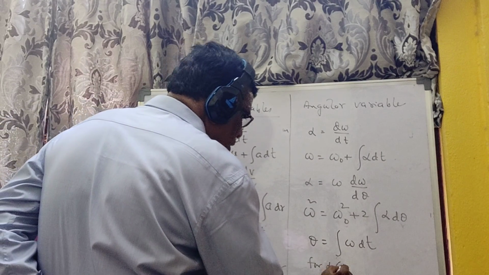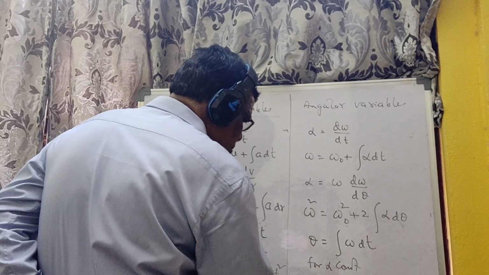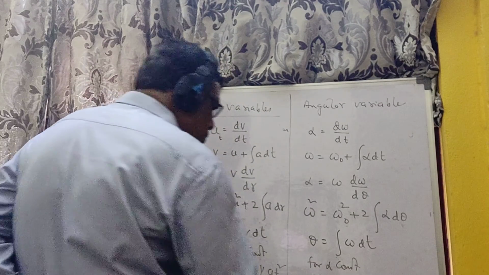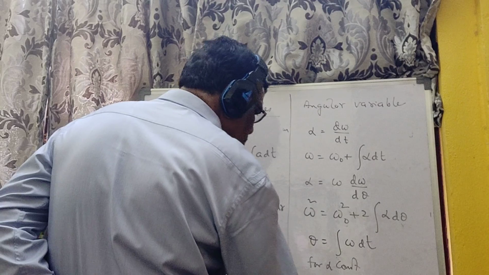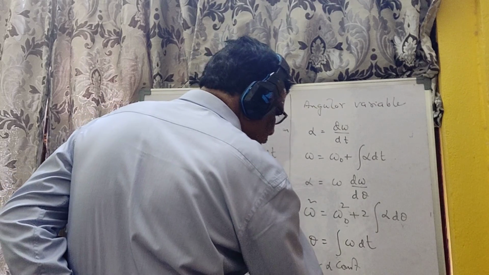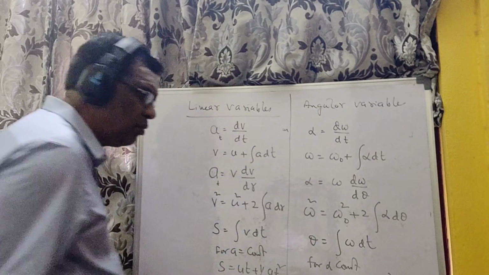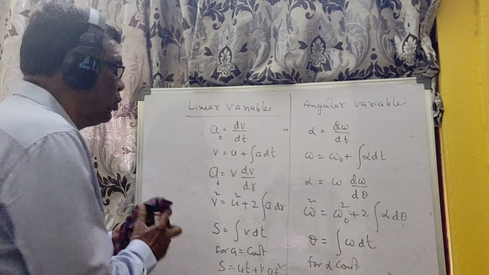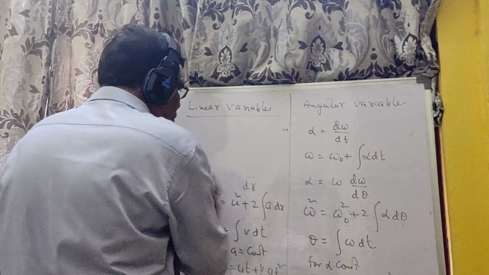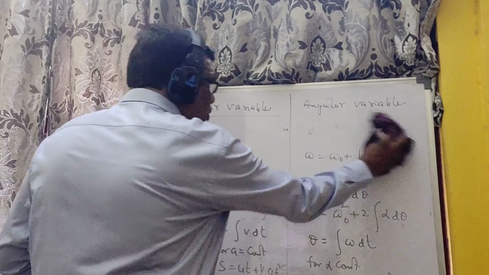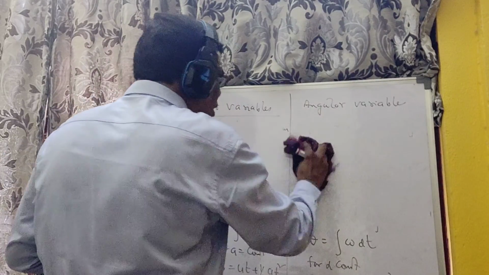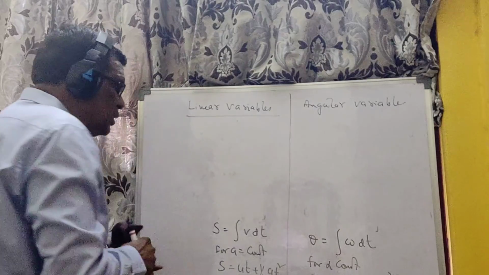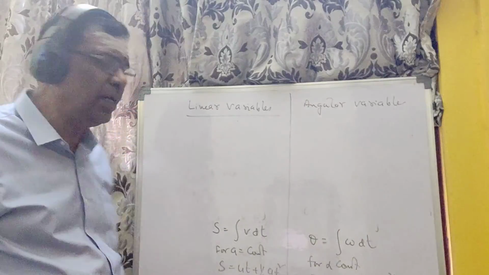For alpha constant, theta is equal to omega naught t plus half alpha t square. The corresponding equations I am putting over there. In fact, I need not discuss any example. All the examples that I have discussed there are applicable here.